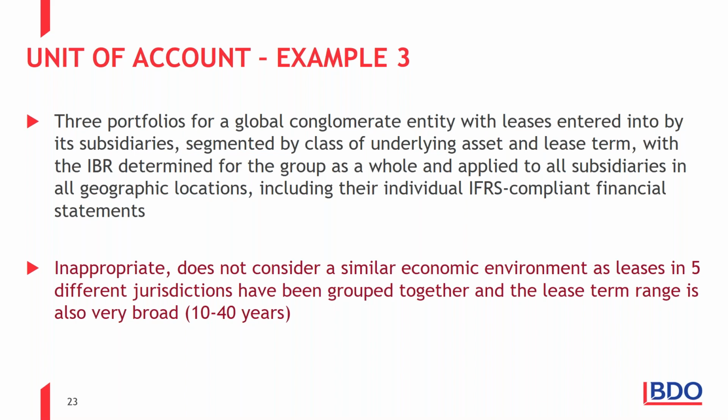Now, what's interesting here is it's essentially the same as example 1, the real estate example where the lease term was maybe 3 to 5 and 7 to 10 years. But what's different in this case is that the subsidiaries in different countries are entering into the leases.